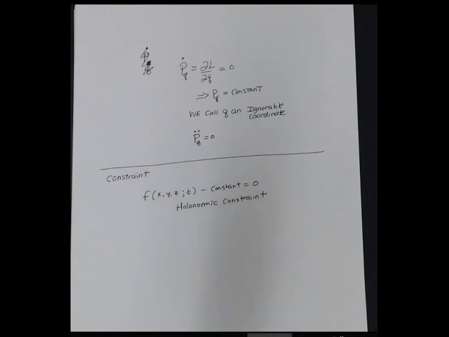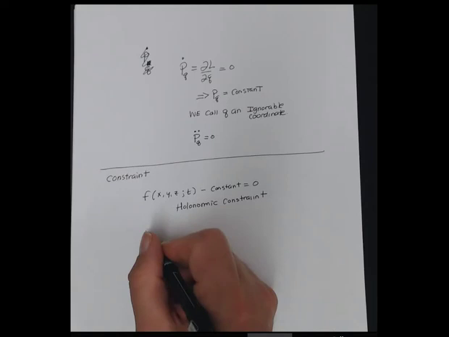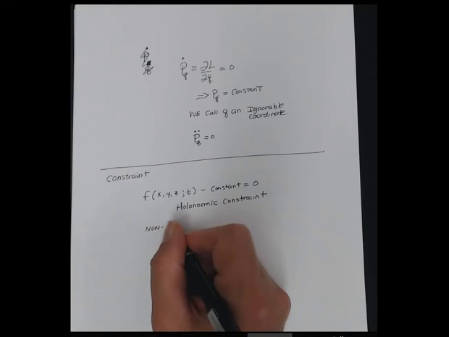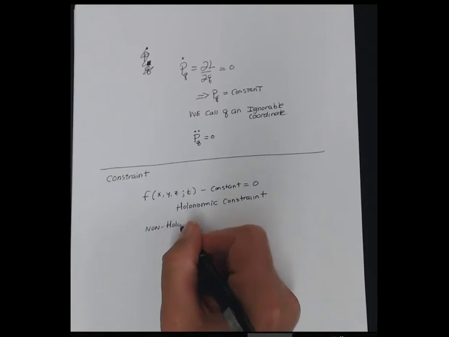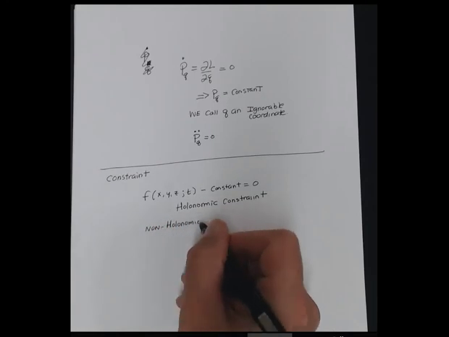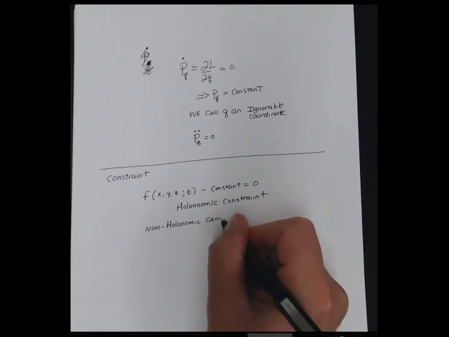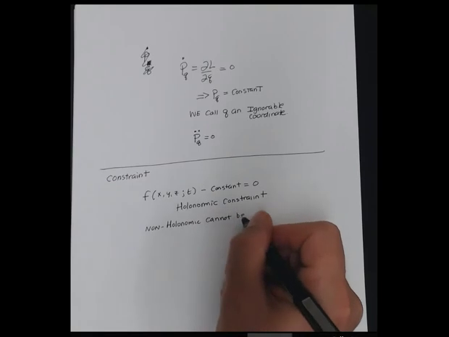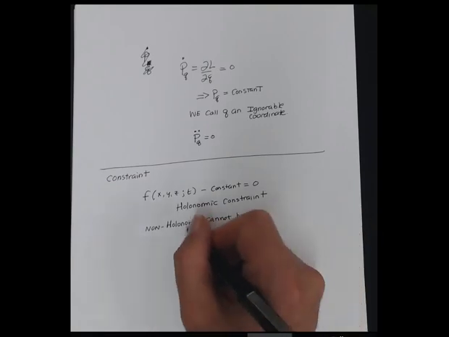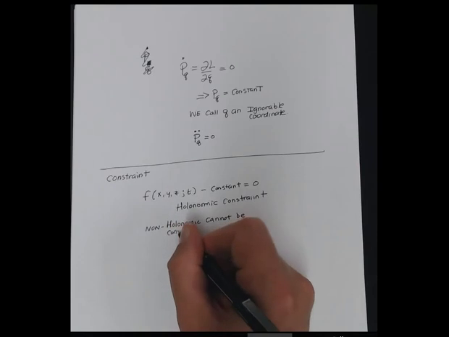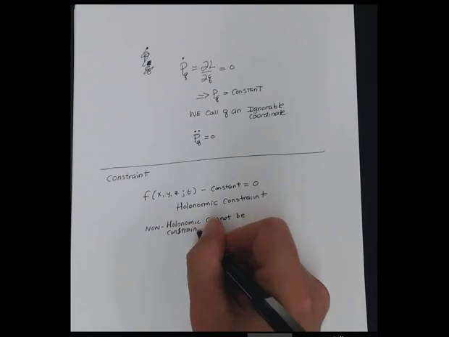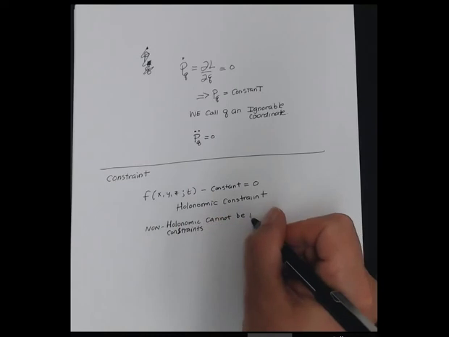So constraints that cannot be written in this fashion are called non-holonomic constraints.